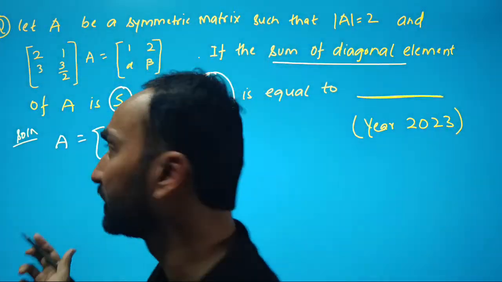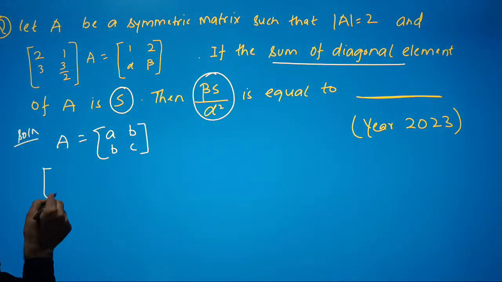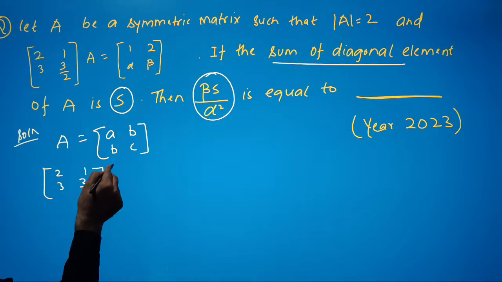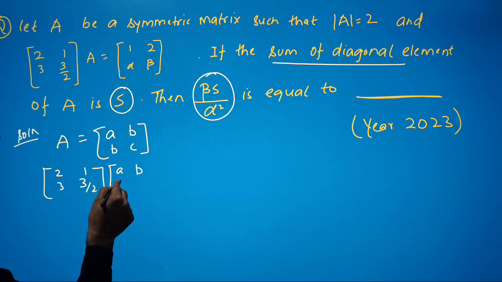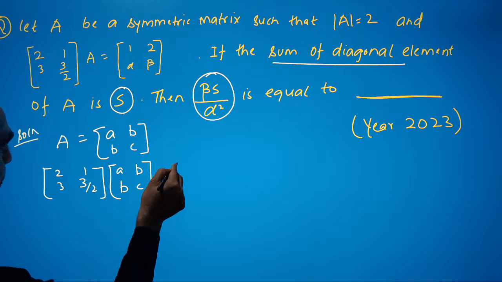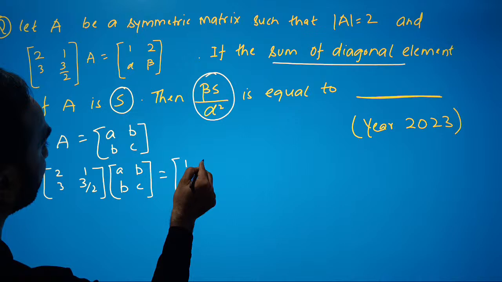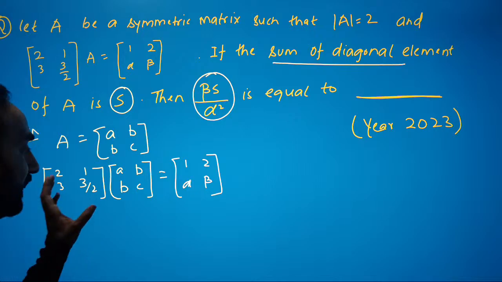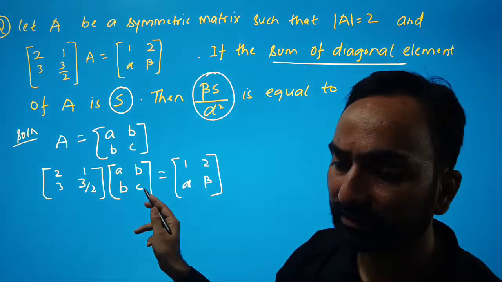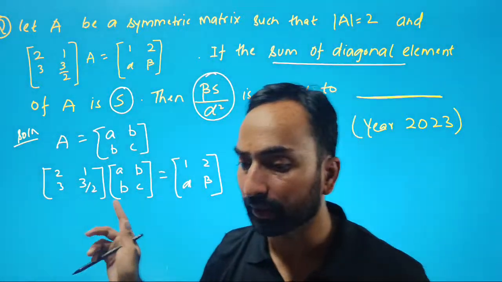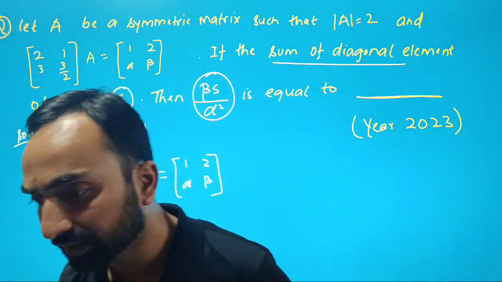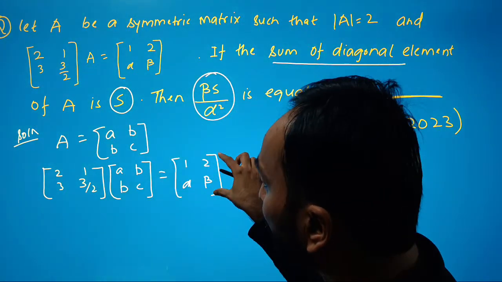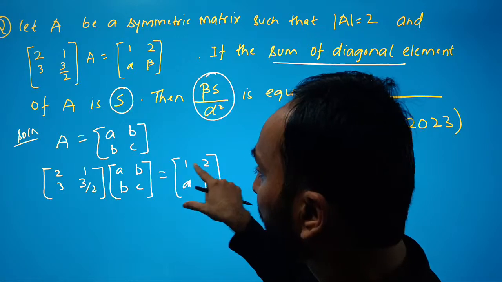So following the question's instruction, I will multiply [[2, 1], [3, 3/2]] with the matrix I have considered, [[a, b], [b, c]], and the answer I will receive is [[1, 2], [alpha, beta]]. This is given in the question.